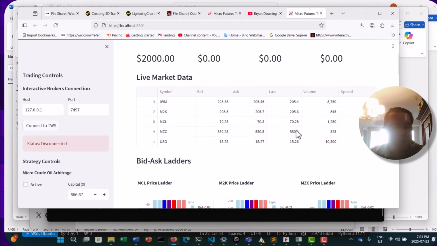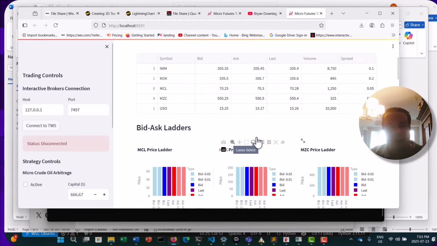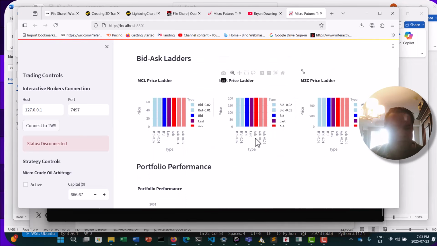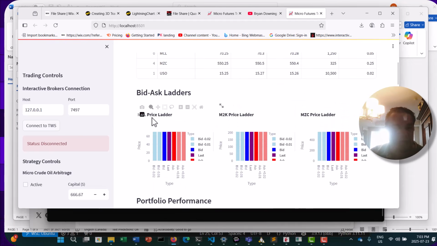Okay. So you can see here it can connect into TWS. Sometimes it's inconsistent. I mean, that's another world, but that's part of the video I showed you. And then we also have, I asked for, well, give me a bid ask ladder on the options for MCL, which is micro oil.